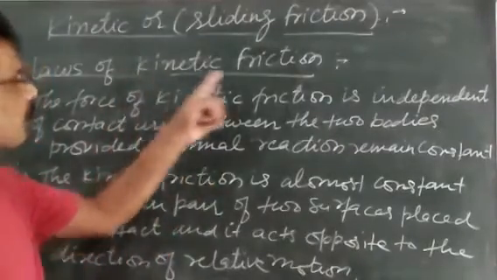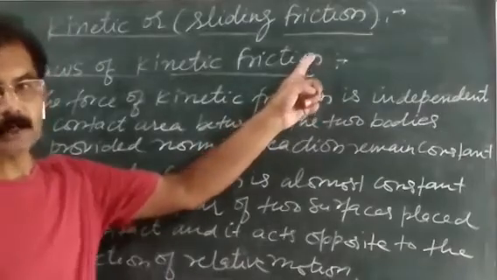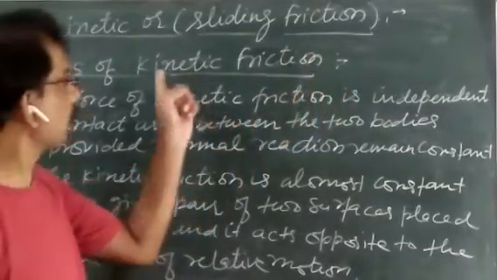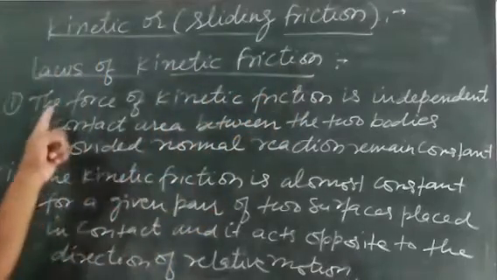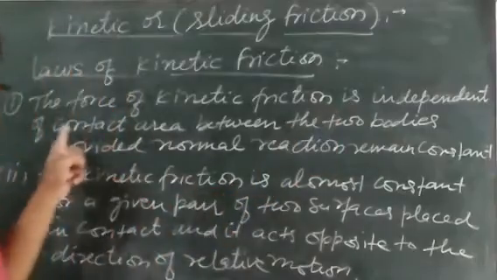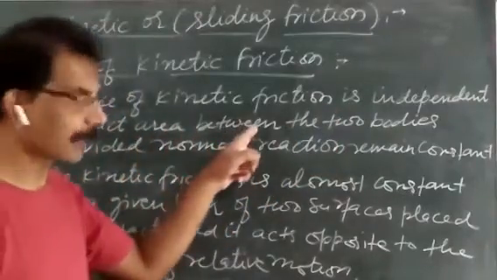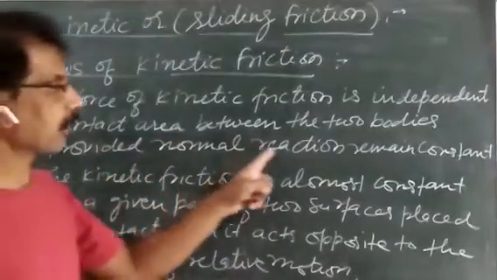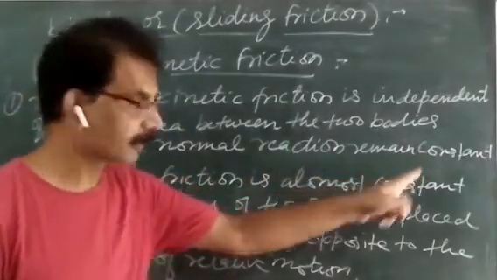Now, laws of kinetic friction. Earlier, in the previous video, I gave you the laws of static friction, and now here the laws of kinetic friction. The first law: the force of kinetic friction is independent of the contact area between the two bodies, provided the normal reaction remains constant.